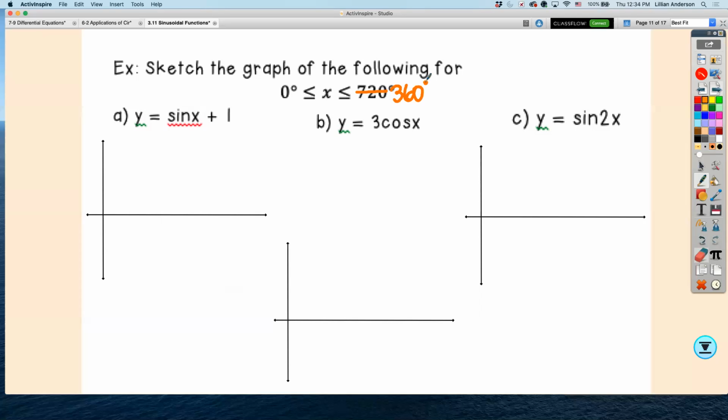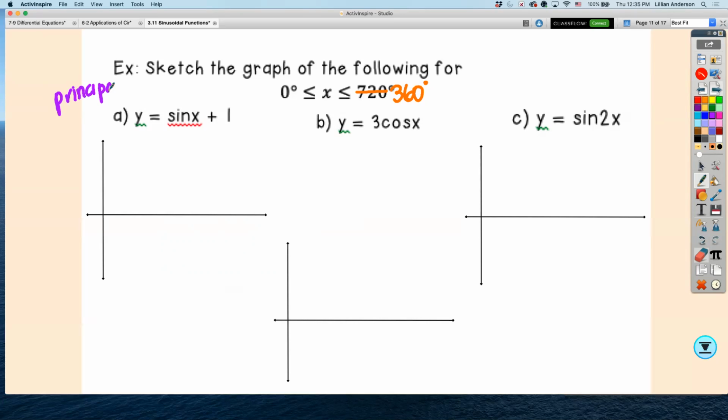Now to do this, let's pull out some important information. For a, it says y equals sine x plus 1. That plus 1 represents what variable in the general equation? It represents d. So that 1 represents the principal axis.